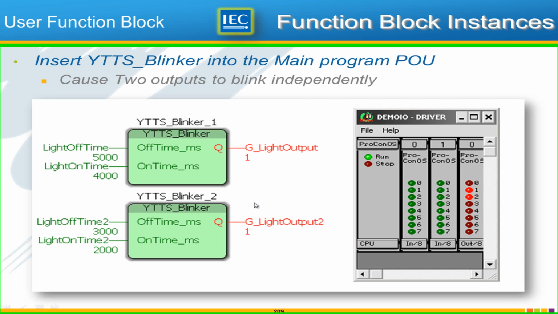So take a minute here and see if you can do that. You will need to update the main program POU and also the input and output program POU to connect these global variables to the IO variables. So if you would please take a minute to do that, and you can pause the video.